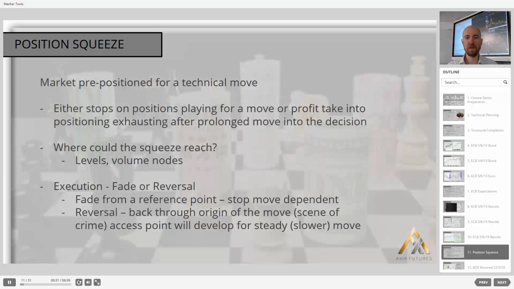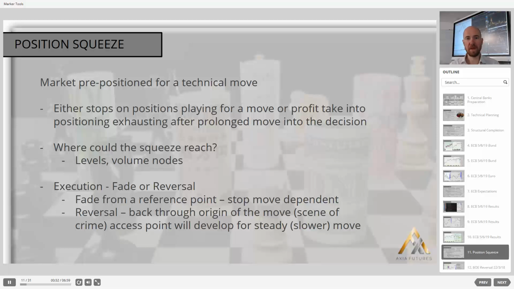First up, you have technical plays. So people have got themselves into a position, perhaps, for example, trying to play the breakout of a wedge. Now, the idea here is that you've got people, say, short at the bottom of a wedge, looking for that move to go down.